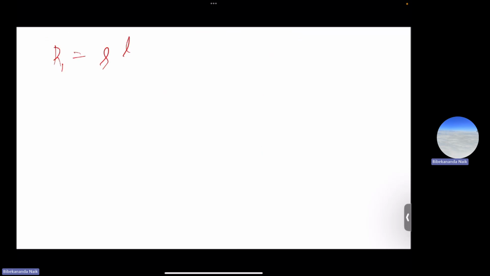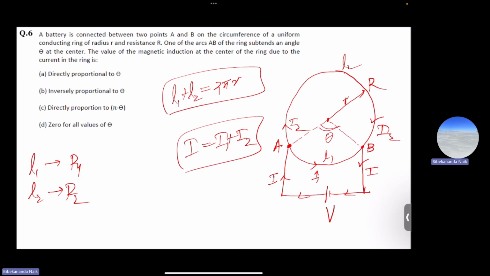R1 is rho L1 by A, R2 is rho L2 by A. If you see these two, they have the same initial point and final point. Since the current is getting split, these two lengths L1 and L2 are in parallel.